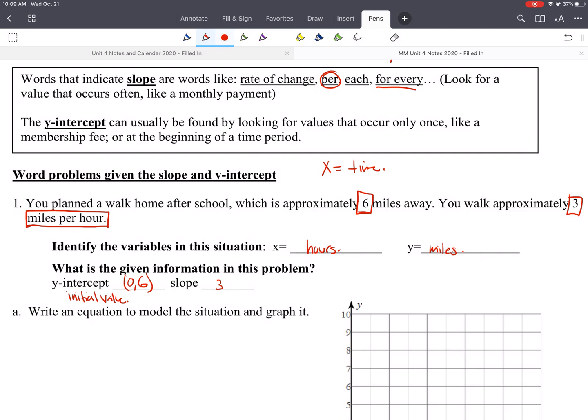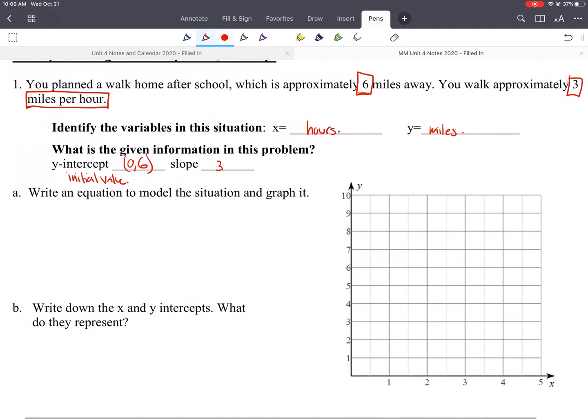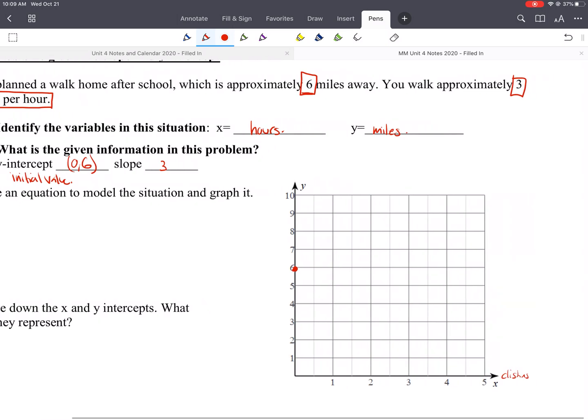All right, so you're walking home. Let's kind of draw a picture of what's going on. We have our y-intercept here is 0, 6, and we want to get home. Sorry, this is our distance, and this is our time.